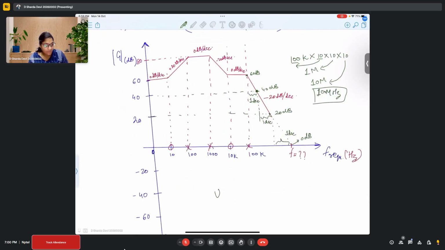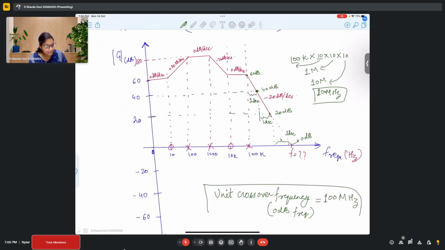So the unit crossover frequency, that is the 0 dB frequency, is 100 megahertz for the given transfer function. Correct? This is clear, right?